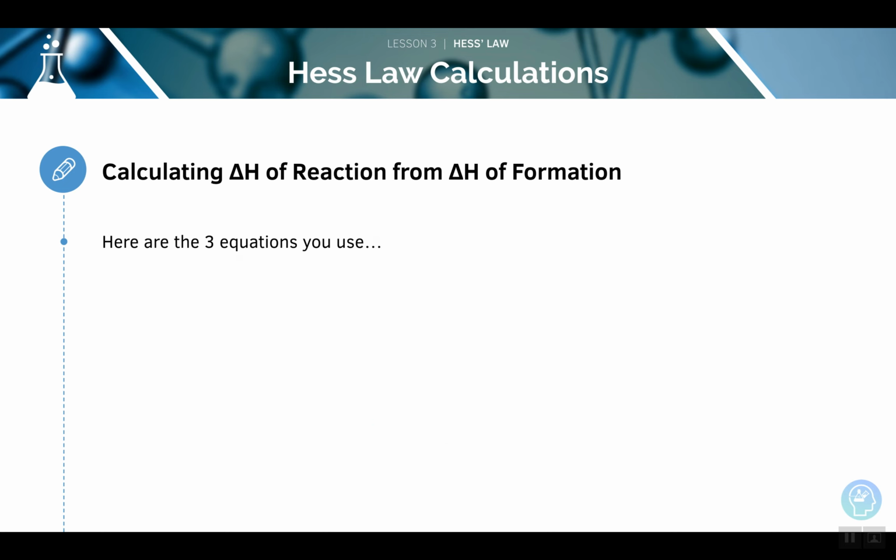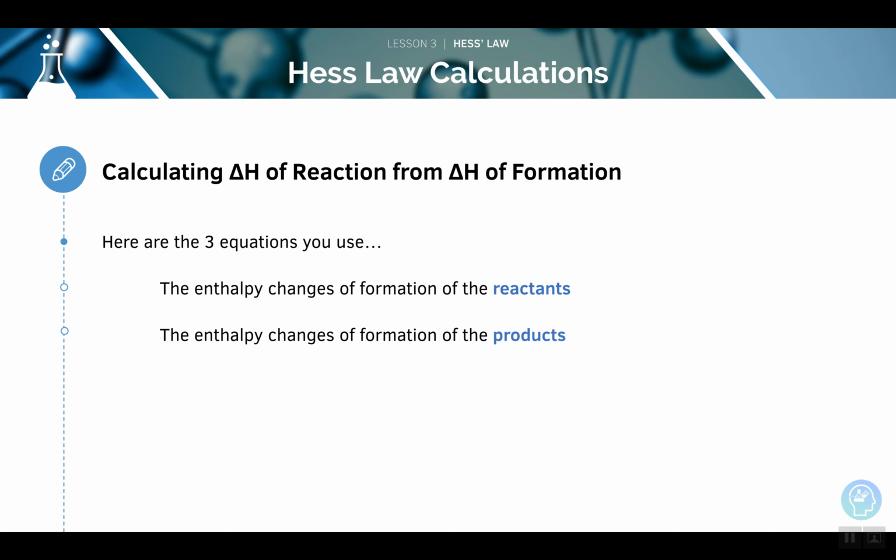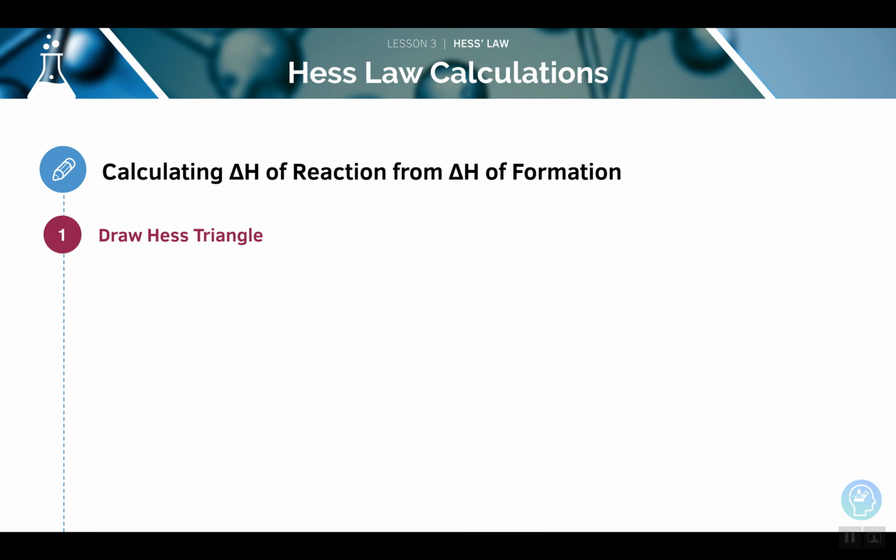To calculate the enthalpy change of reaction from the enthalpy changes of formation, we can use the following 3 equations. First, we'll look at the enthalpy changes of formation of the reactants and those of the products. Then, we can calculate the unknown enthalpy change of the reaction. First, we need to draw a Hess's triangle.